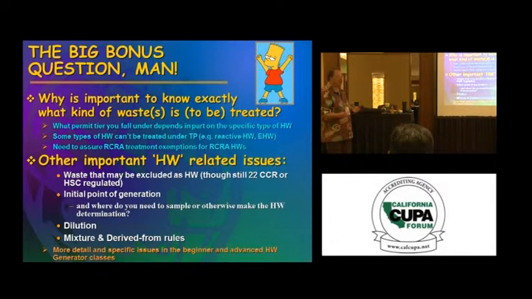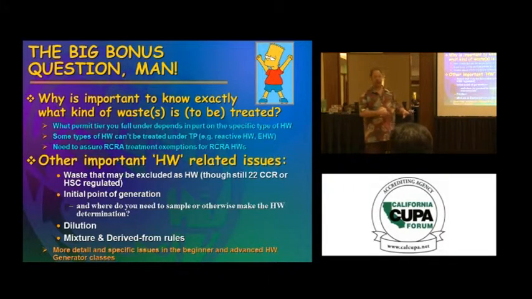And why is all this important? Why do you need to know what kind of waste you have in the tiered permit world? In general, what tier a facility falls under for their treatment is based on three things: what kind of waste it is and its characteristics and classification, what type of treatment or treatment method is being used, and the volumes per day, per batch, per facility.